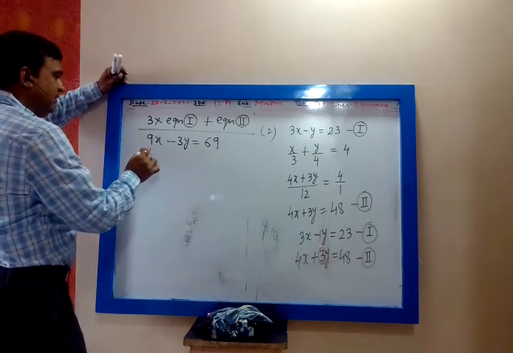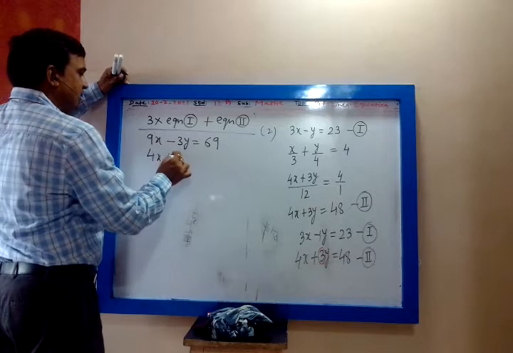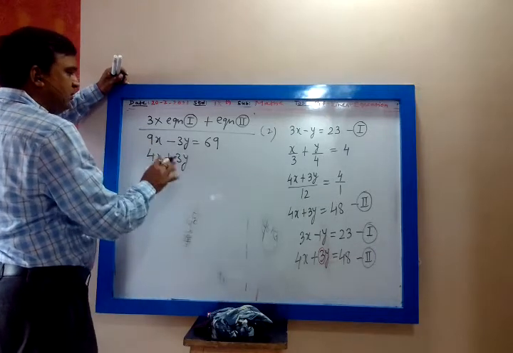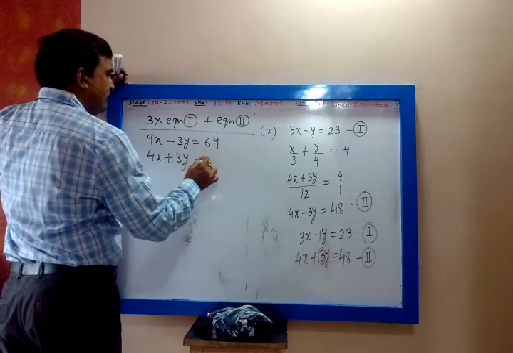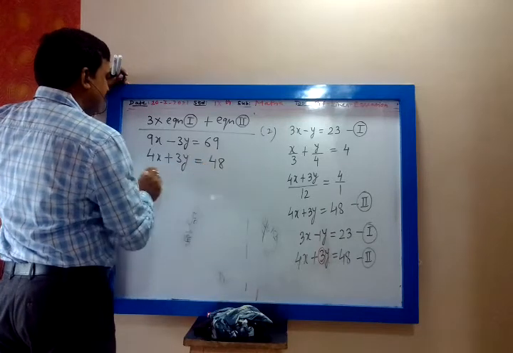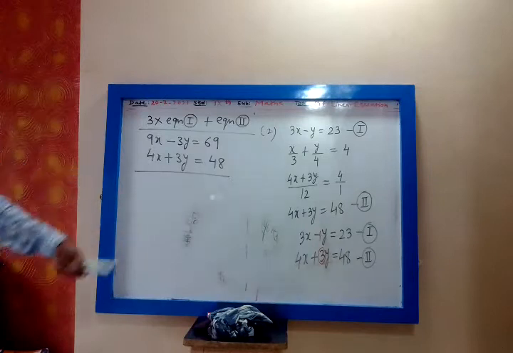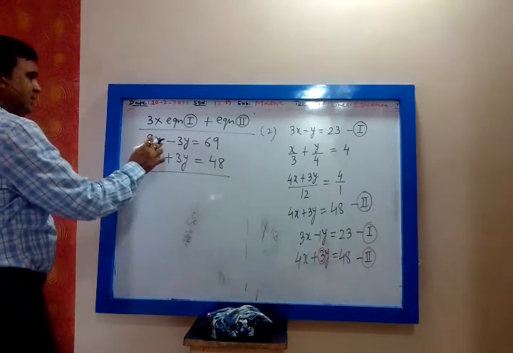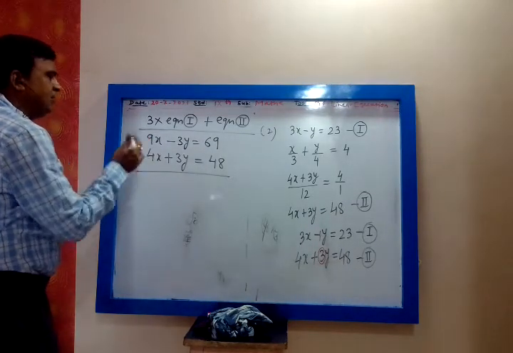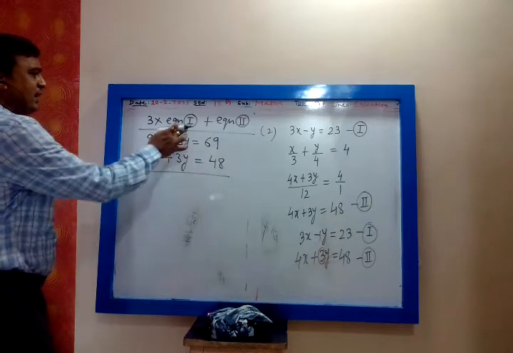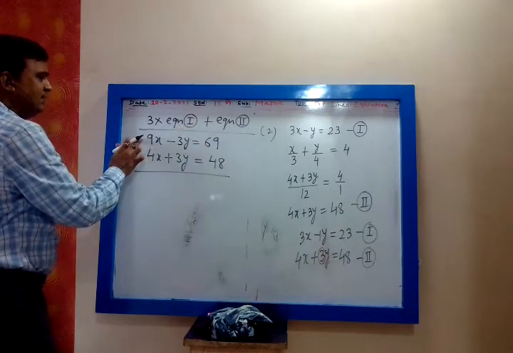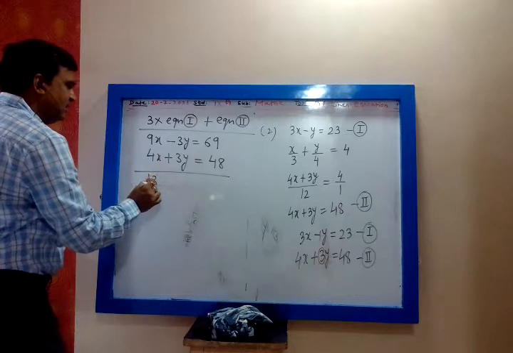And 4x plus 3y multiplied by 1, 4 into 1, 4, 3 into 1, 3, 48 into 1, 48. Then what have I written? I have written plus. So I will not change the sign. I will add 9 plus 4. How 5x, my dear? We are adding, no? So 9 plus 4, 13x.